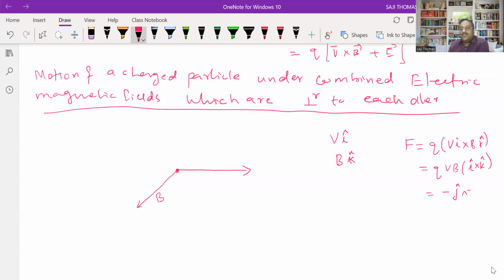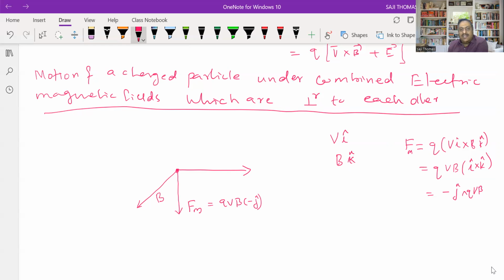So this magnetic force is along the negative y direction, qvB times minus j. Minus j means it is negative direction.